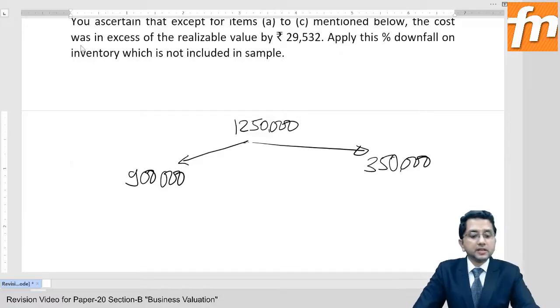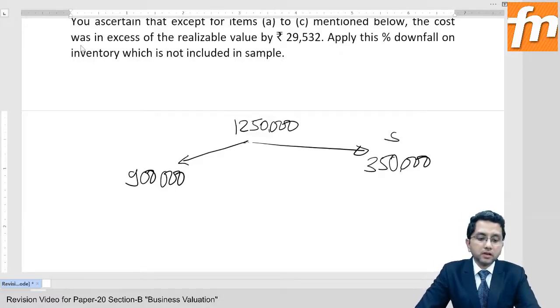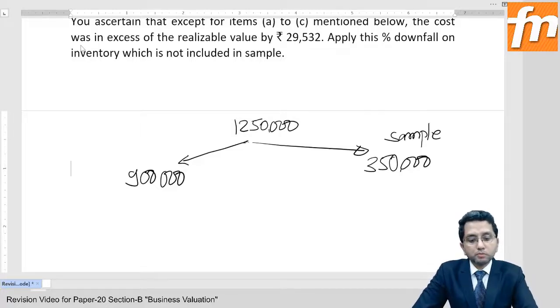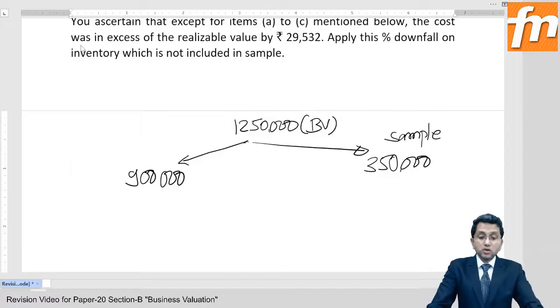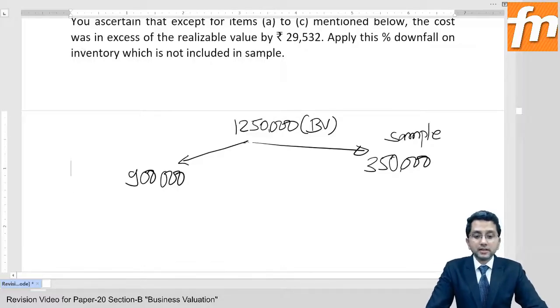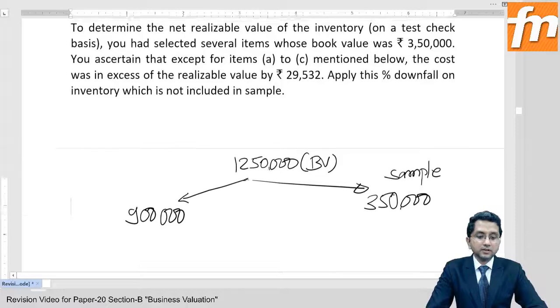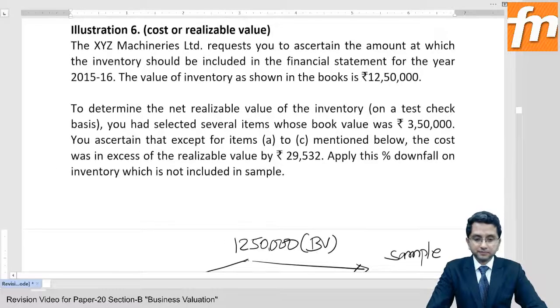So this is part of your sample. So out of total book value, BV, that stands for book value, out of total book value of 12,50,000, you have chosen a sample of 3,50,000.